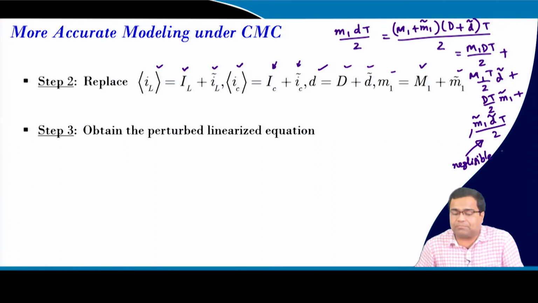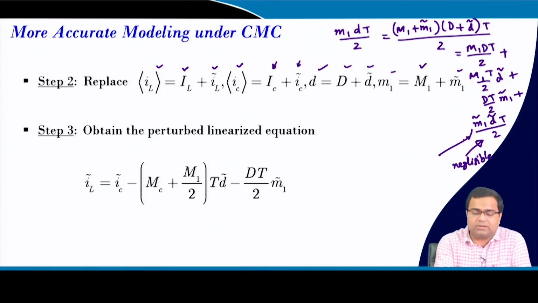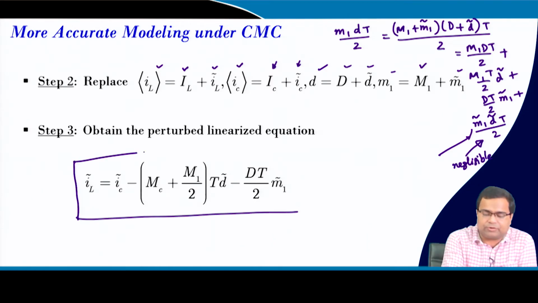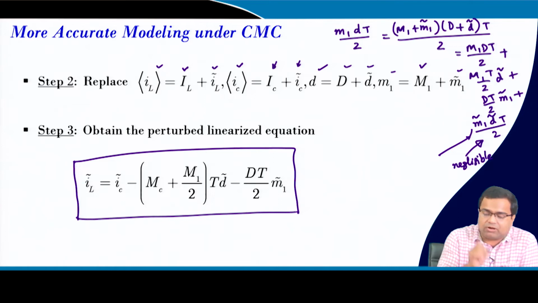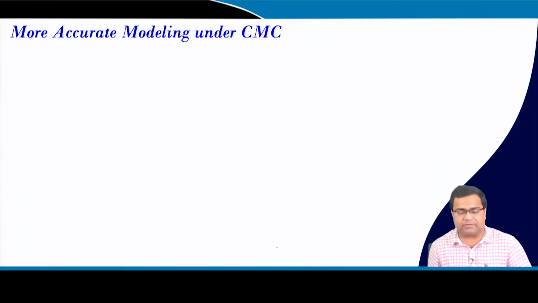So, we have to obtain the perturbed linear model, then you separate out the DC term, we ignore the nonlinear term, then you will end up with only the linear term. That means this is the equation which is very important, that you should keep in mind. Now, from this equation, our objective is to write D as a function of IC tilde, IL tilde and M1 tilde, and there are other constant parameters.